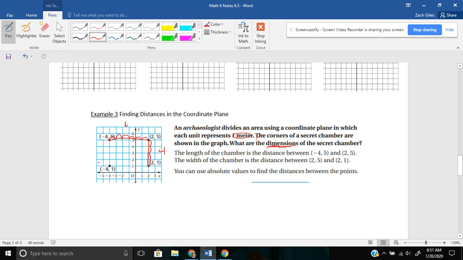Okay, and it would be the same down here. 1, 2, 3, 4, 5, 6. 6 long and 1, 2, 3, 4 wide. So we could say the secret chamber is 6 meters long and 4 meters wide.